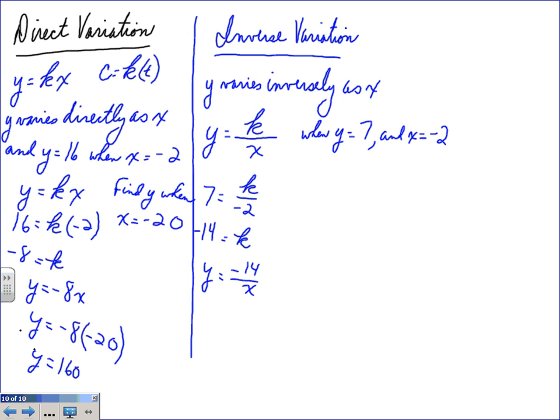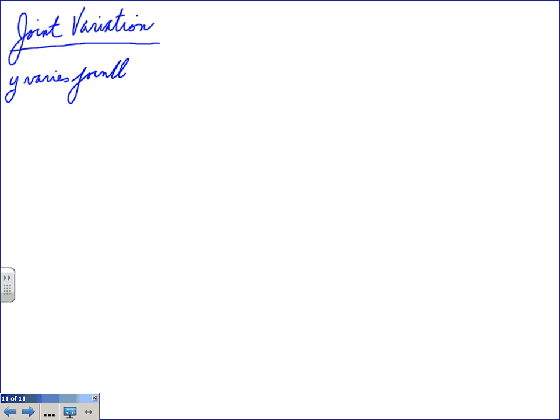So we have direct variation, inverse variation, and one more: joint variation. And the words might say y varies jointly as, let's say, x and z.